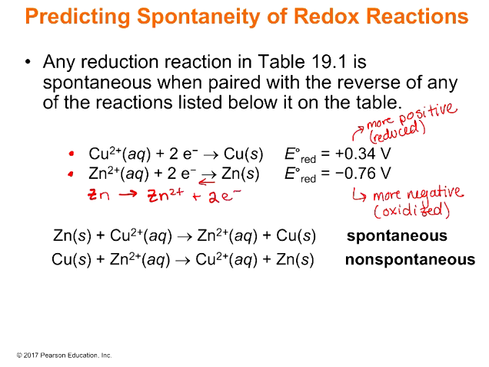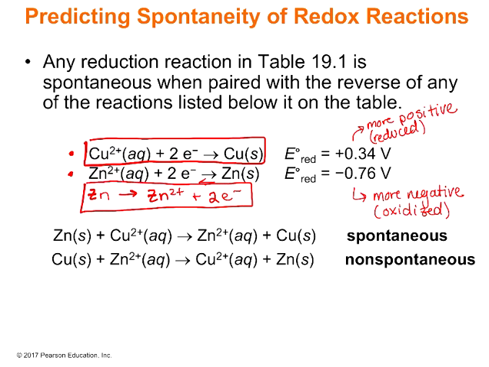That's a really key point. All right, so down below, if we combine our two half reactions, this one, which is being reduced, and this one, which is being oxidized, we'll end up with our spontaneous reaction, where zinc is reacting with copper 2+ to produce zinc 2+ and neutral copper. And then below that, we have the reverse, which is non-spontaneous. If we try to react pure copper with zinc 2+, it's not really going to occur.